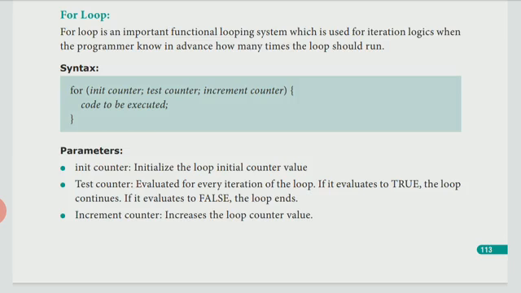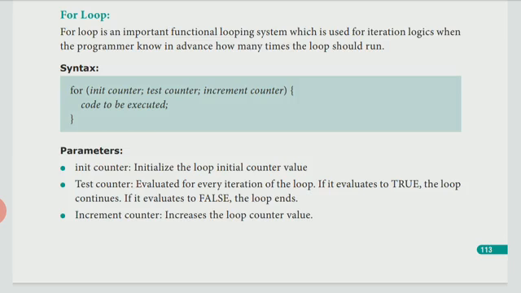Then within the curly braces we put the code to be executed, which you have to give. The initial counter initializes the loop counter value, that is the starting value of your loop.